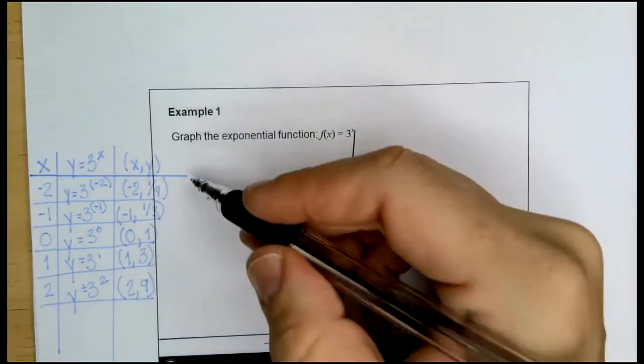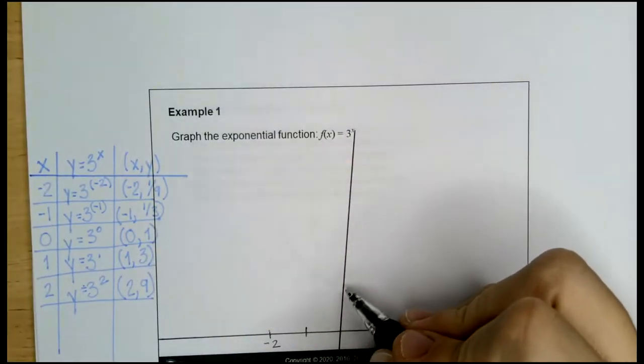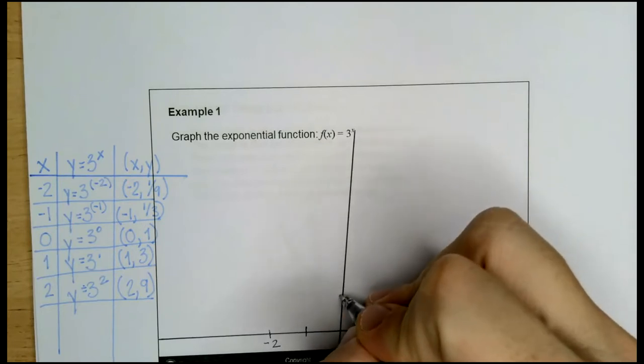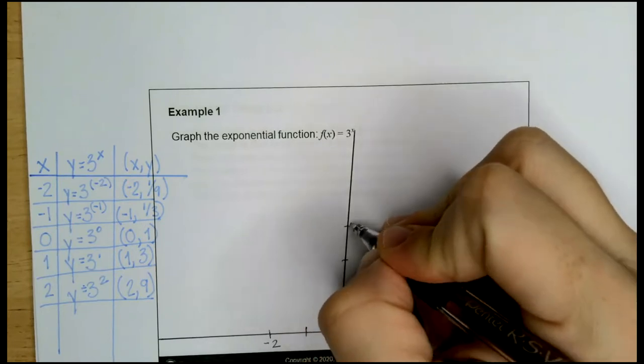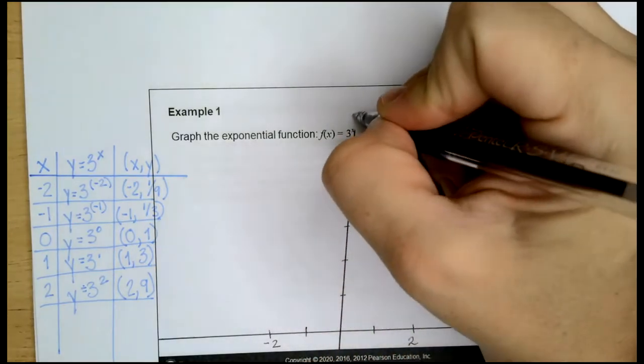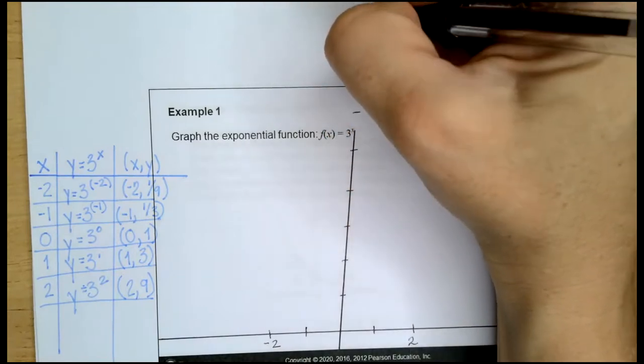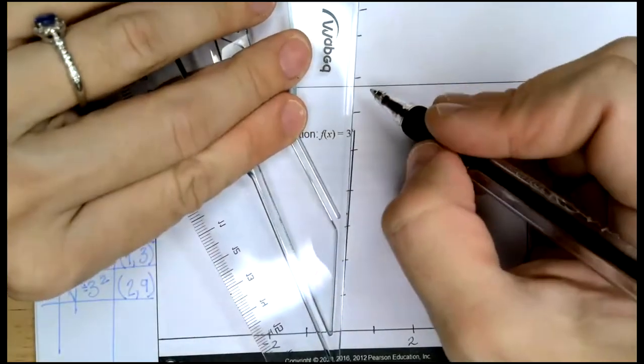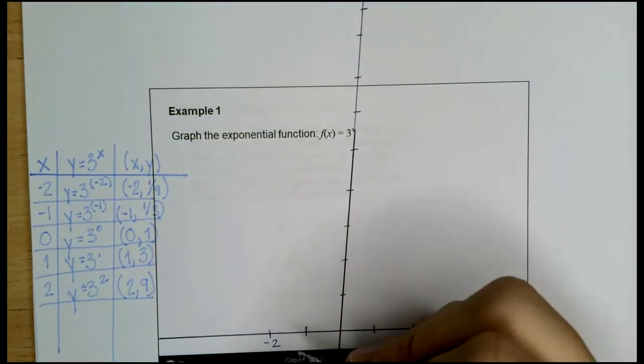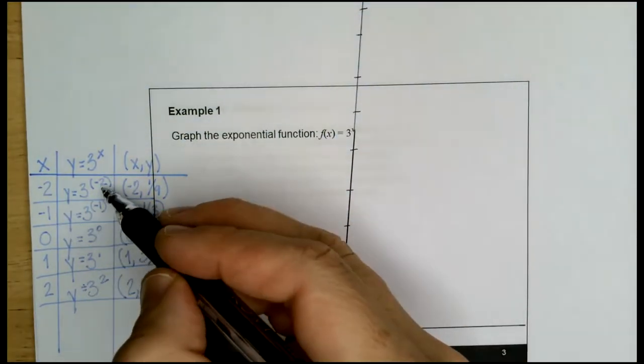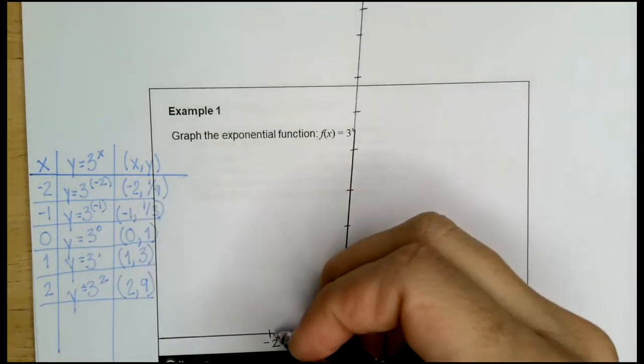I know I have a 1/9 and a 1/3, so I'm going to make these bigger. Good. All right, so when it's -2, y is 1/9.